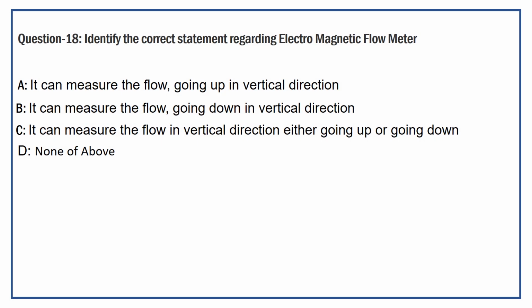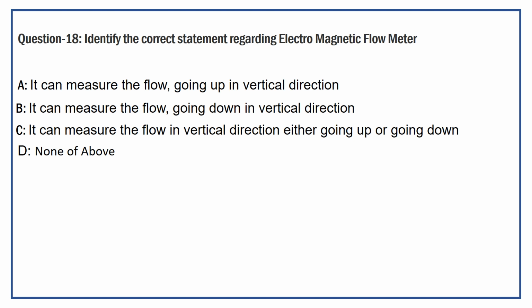Next question is, identify the correct statement regarding the electromagnetic flow meter. Let's see the options. Option A, it can measure the flow going up in the vertical direction. Option B, it can measure the flow going down in the vertical direction.